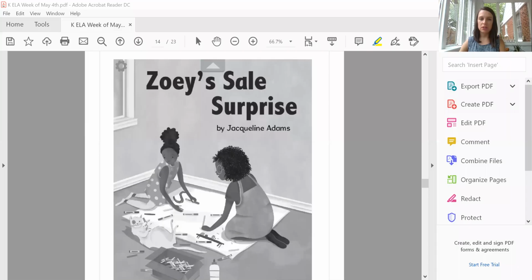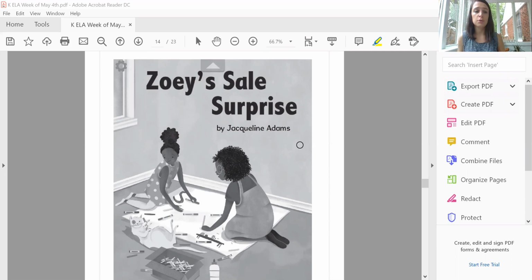We are going to be looking at a story in your packet for the week of May 4th through the 8th. So I'm going to go ahead and share my screen with you so you can see our story today. This story is called Zoey's Sale Surprise by Jacqueline Adams. If you read the previous story, we also read about Zoey and her pet that she was dying to have.